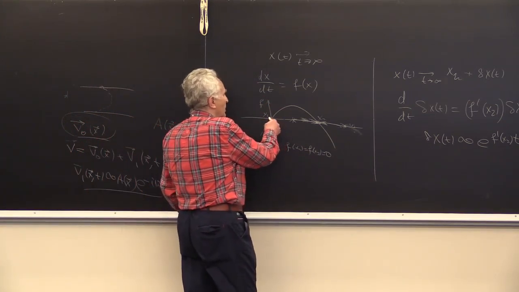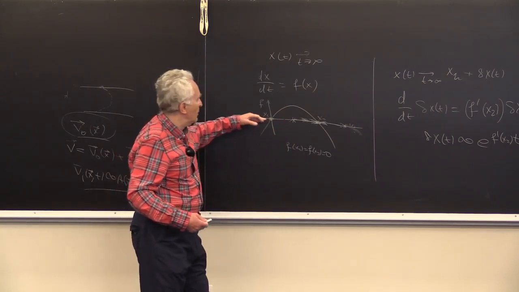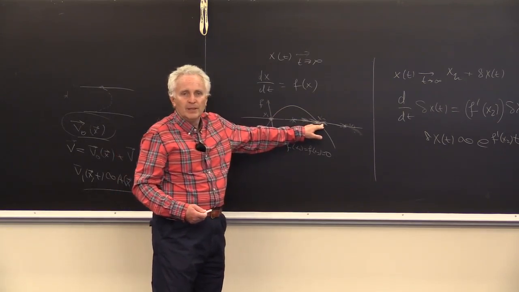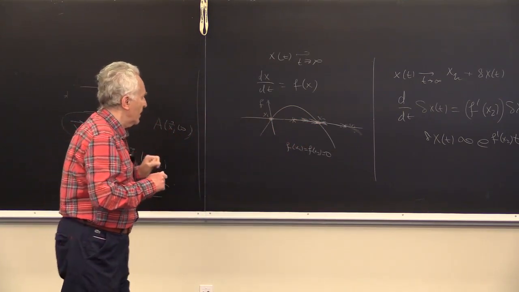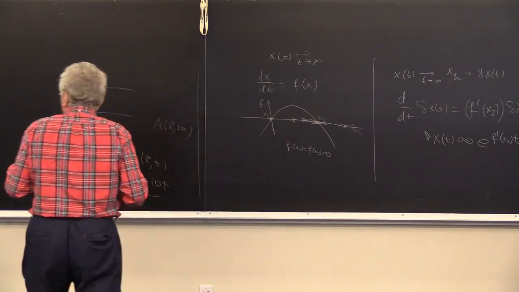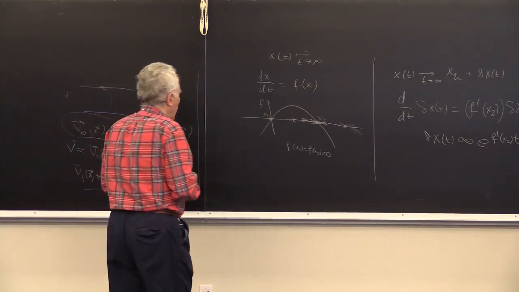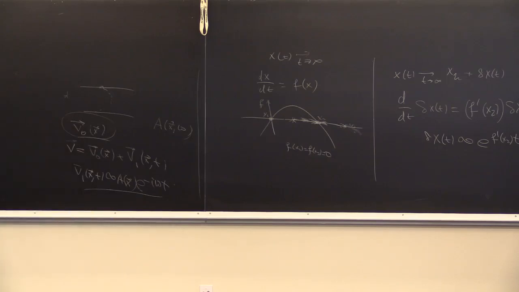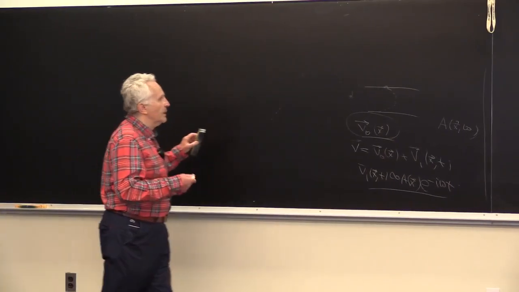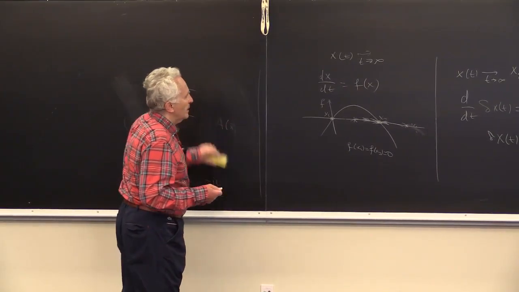There is a solution, but any small perturbation of this solution will draw it to x2. So we have two fixed points, the stable and unstable. That's a very trivial example, and although important, because it tells you what can happen in the nonlinear system.